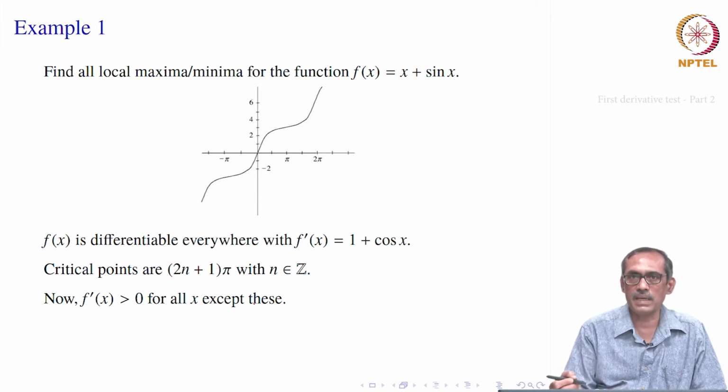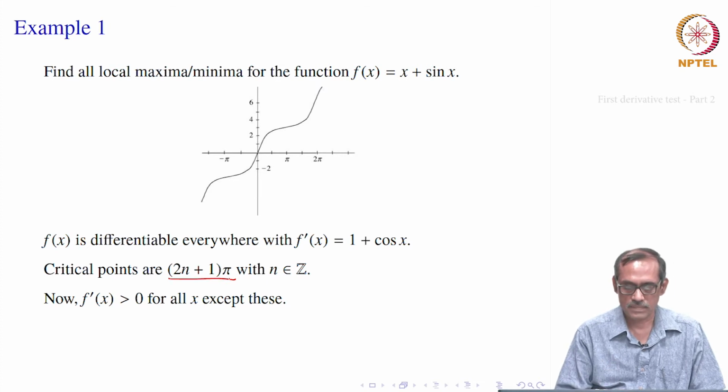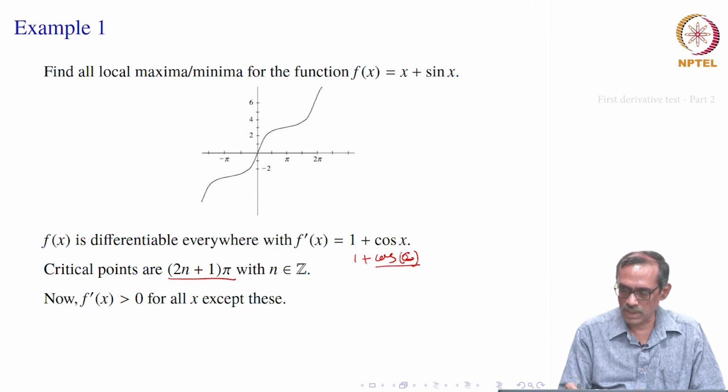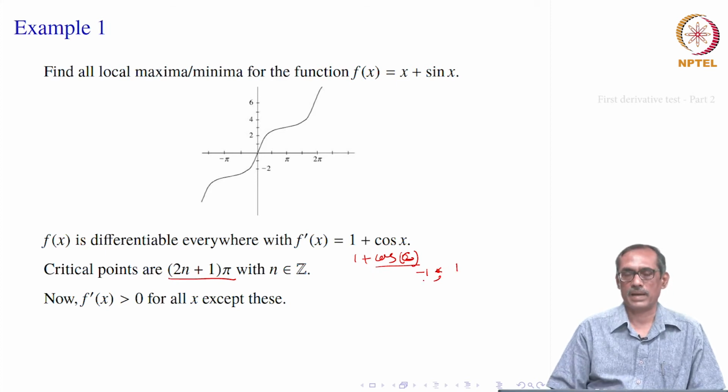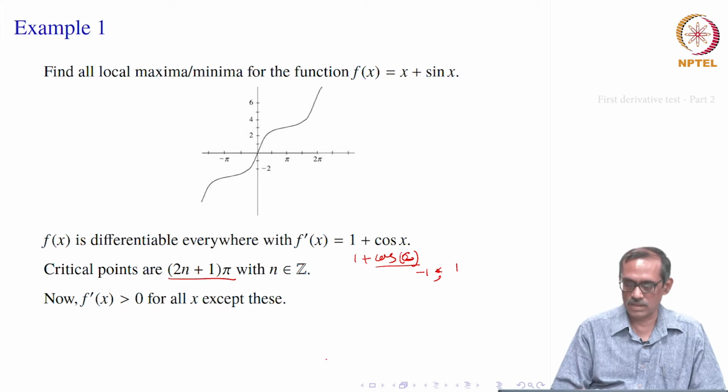Now, suppose you take any x which is not of the form (2n+1) pi, then it will be 1 + cos c, where c is not equal to (2n+1) pi, but cosine of c always remains between -1 and 1, and it is equal to -1 at those points, otherwise it is not.